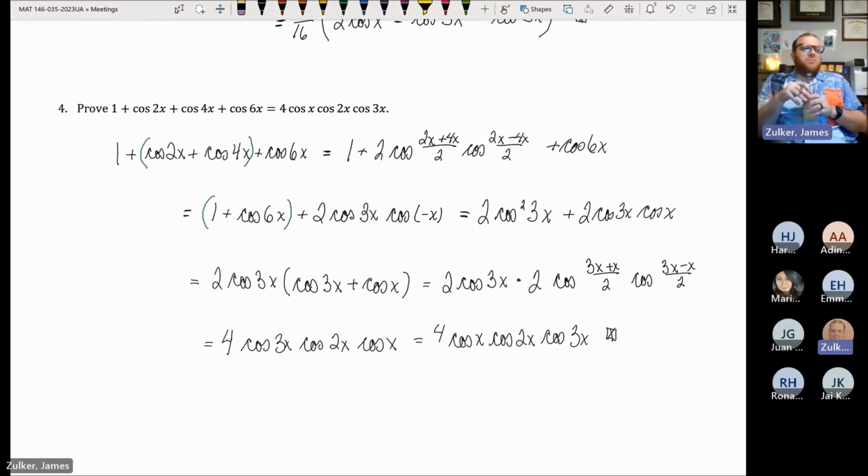So the product to sum to product identities aren't really used that often. They will make a brief reappearance in either Calc 1 or Calc 2. Right, more likely to be Calc 2.